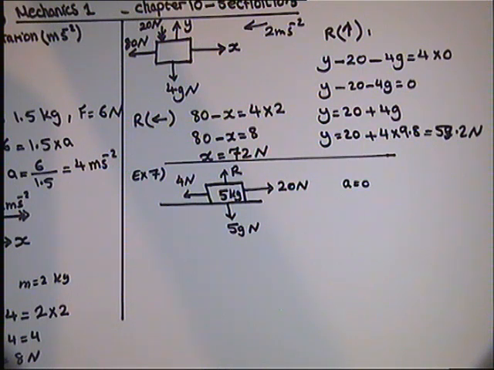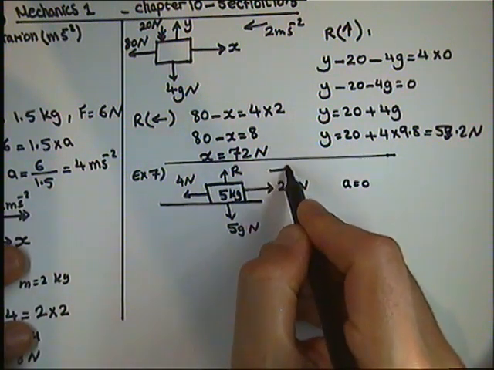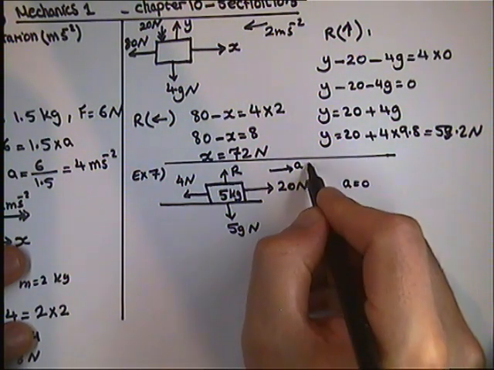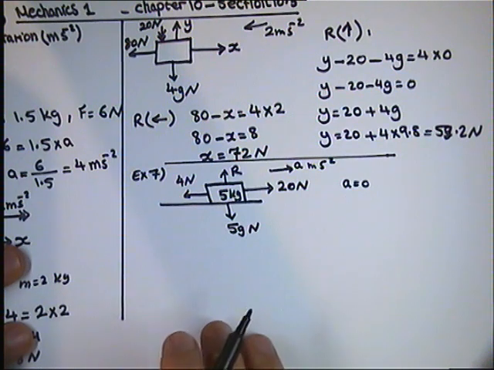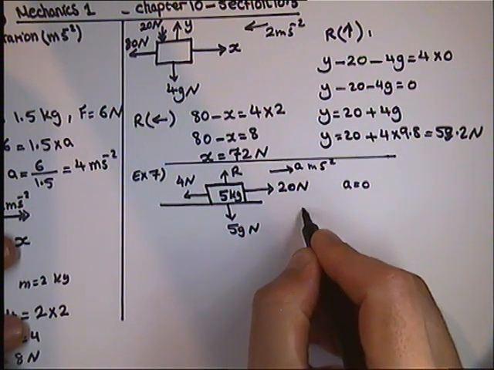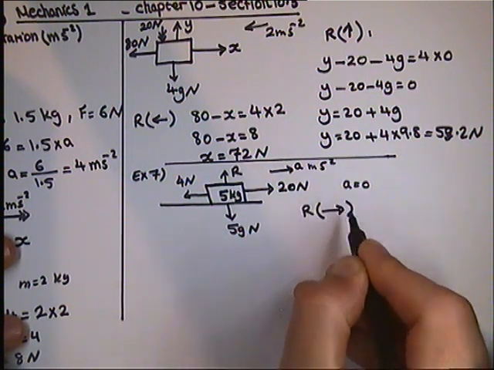The particle was initially at rest, but after the 20 Newton force is acted on it, it must be moving. Let's say it's accelerating in this direction, in meters per second squared. We can apply Newton's second law, F equals ma, for the forces in this direction.